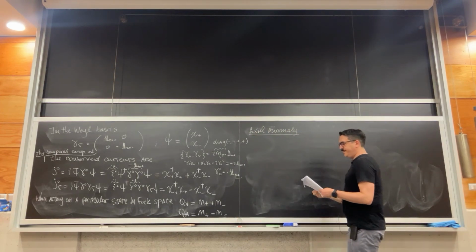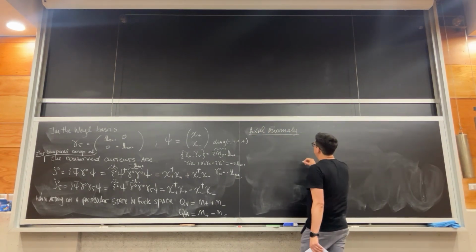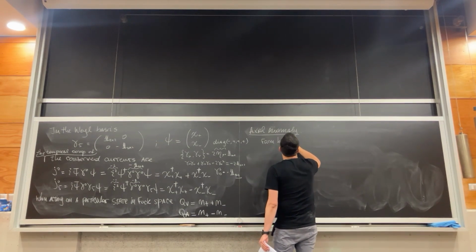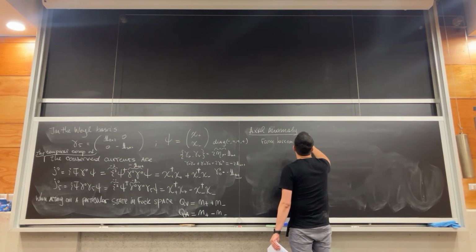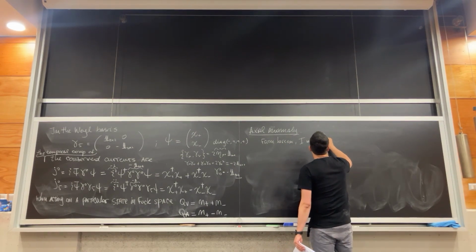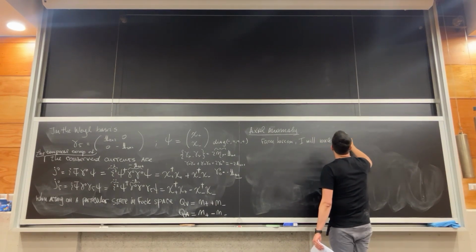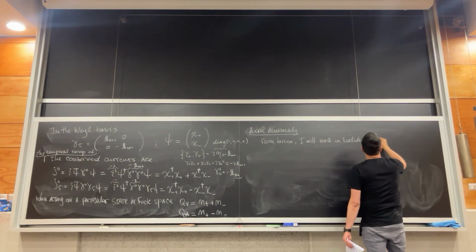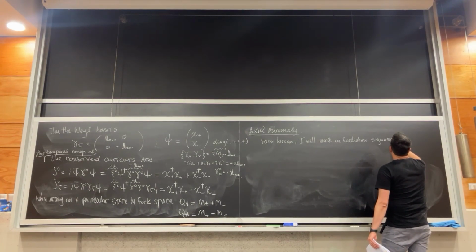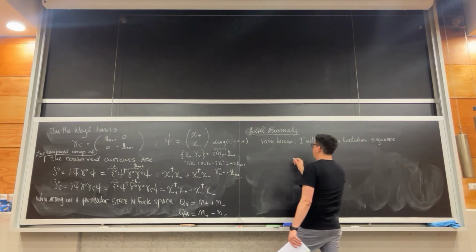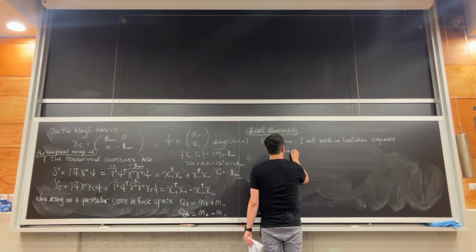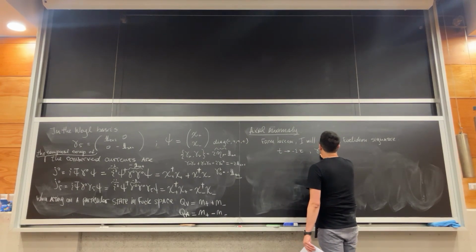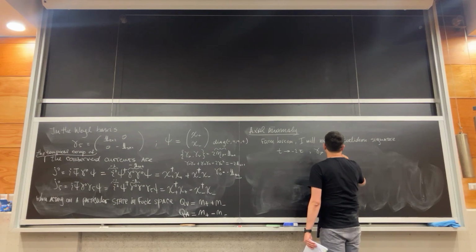And for the axial anomaly, from here on, I will work in Euclidean signature. So I will perform the analytic continuation of the Lorentzian time into Euclidean time. The gamma matrices change in the following way.